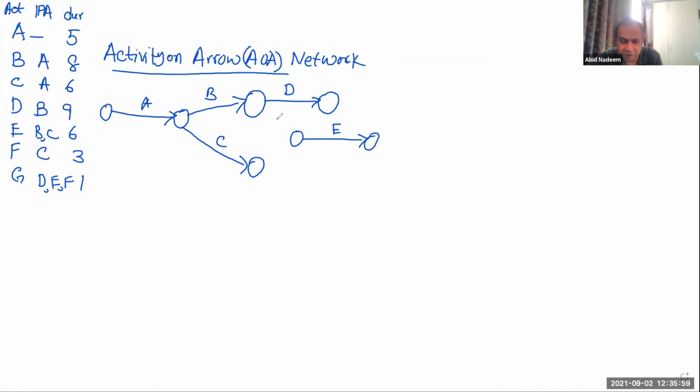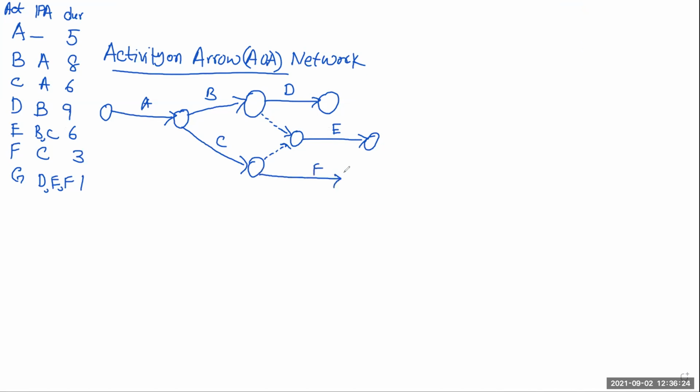What I will do is draw a dummy activity from B to here and then from here to here. This shows that E has B and C as two preceding activities. And then F has only C as the preceding activity, so I can draw F from here. And then D.